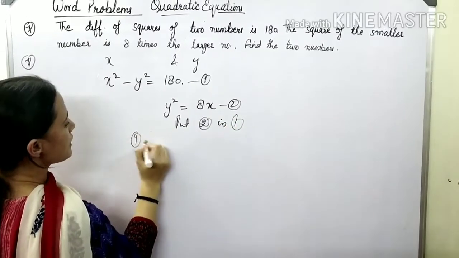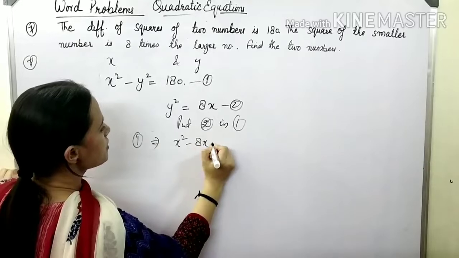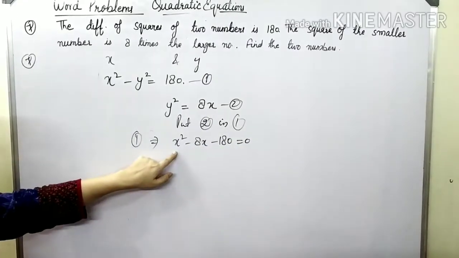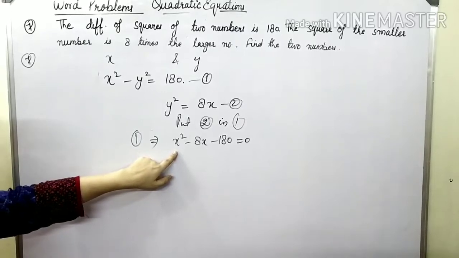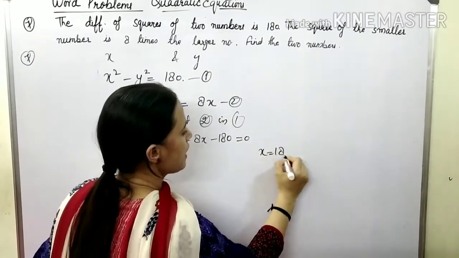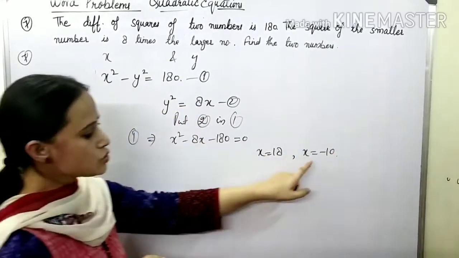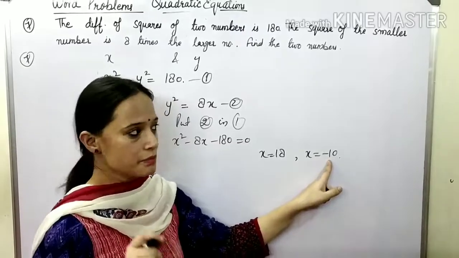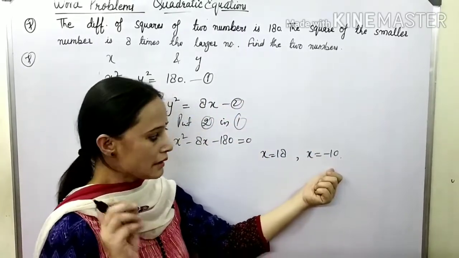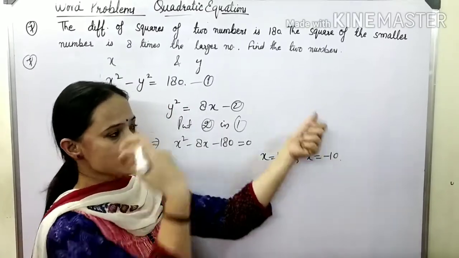So 1 implies x square minus 8x minus 180 equal to 0. So we frame the equation. Now here you will get two values of x. x is equal to 18 and x is equal to minus 10. Here also we'll have to neglect minus 10 because actually we can accept this number also, but we will have to check whether this number is satisfying the condition.